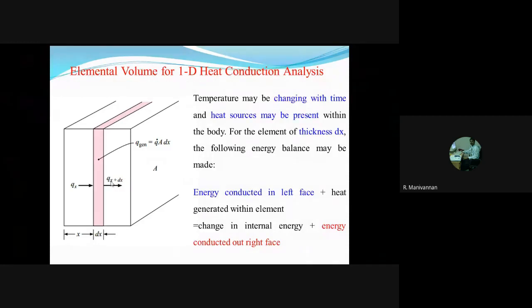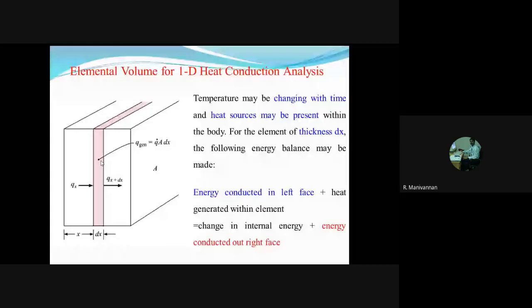Now there is one more thing, which is q gen. What is that? Q gen is nothing but the heat generated per unit volume. Within this striped region, the energy also can get generated. So q gen equals q dot into A into dx.